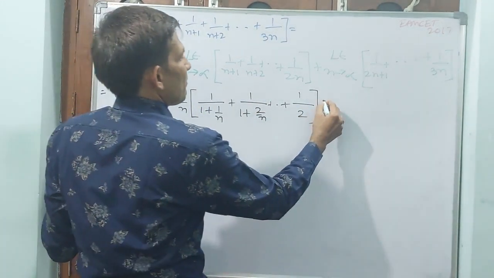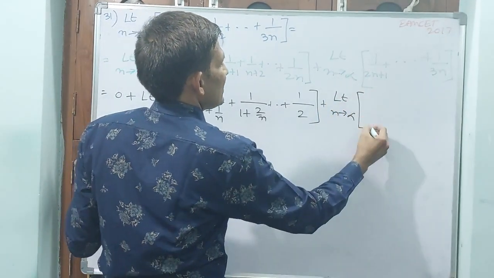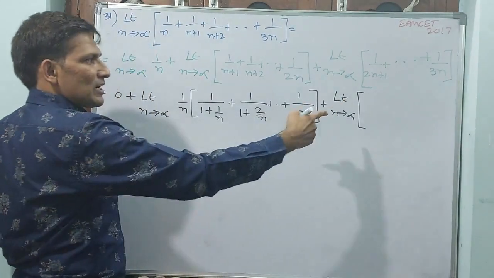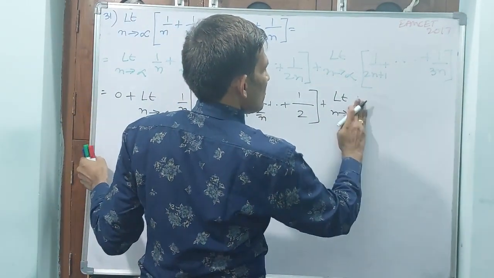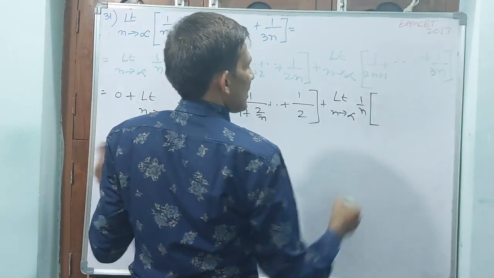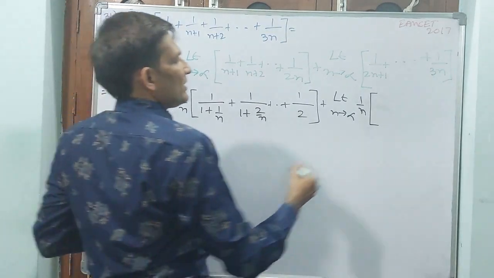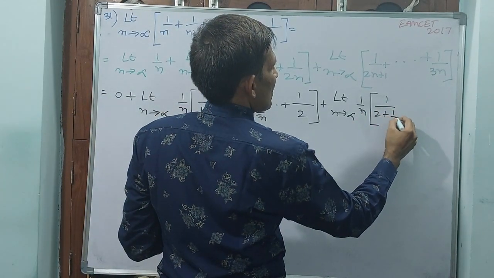Now come back here, plus limit n tends to infinity. Here I will write only the first term and the last term. 1 by n you have to take common, and here also I have taken 1 by n common outside. See, 1 by 2 plus 1 by n.